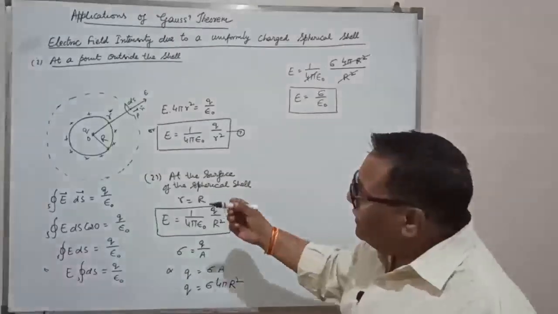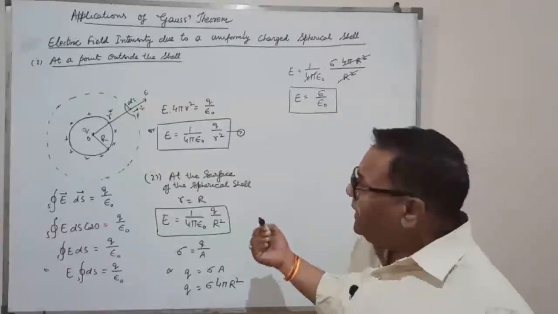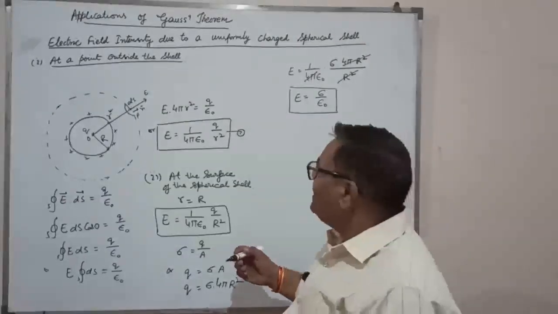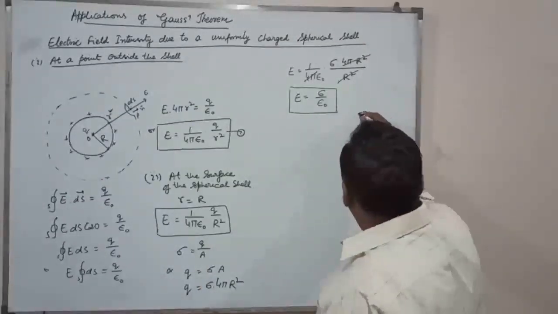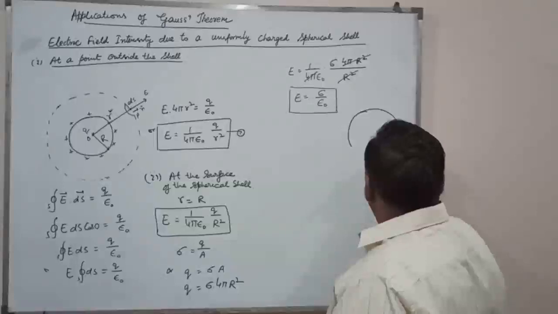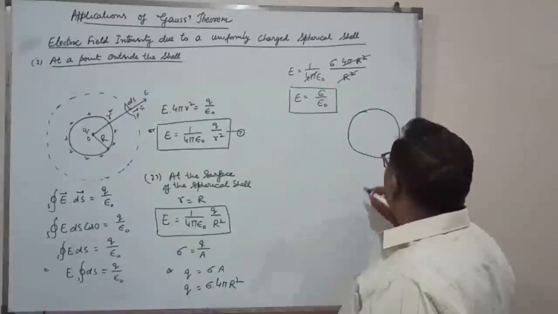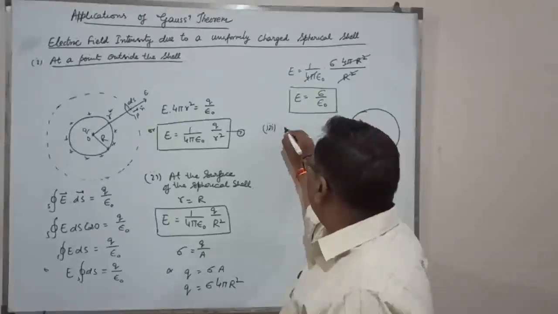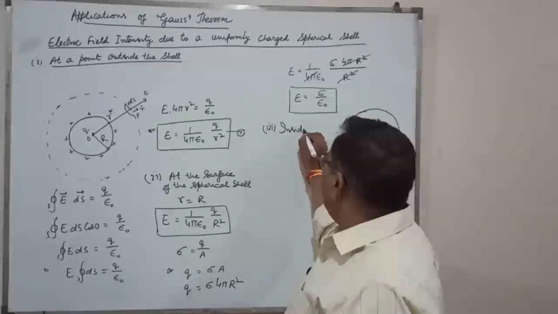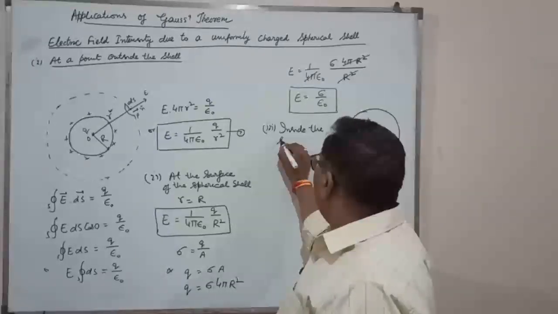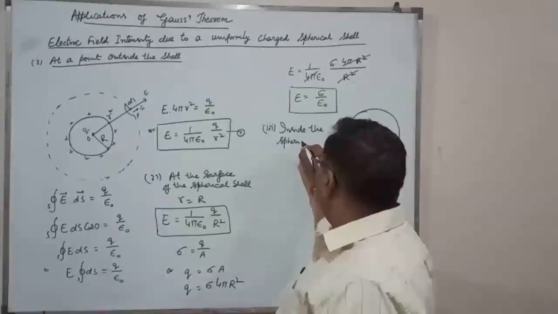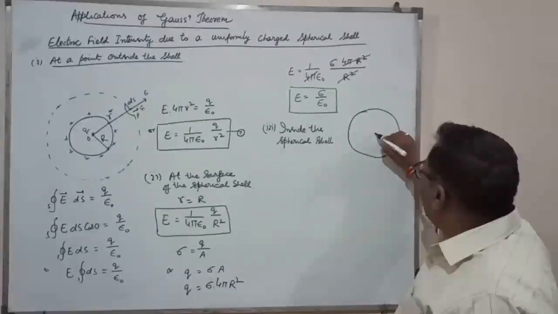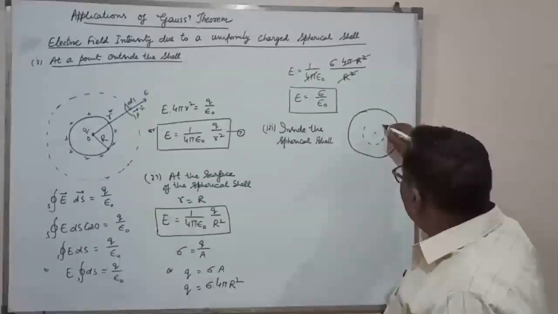And the next case: if the point P lies inside the spherical shell. Inside the spherical shell means this is the spherical shell, and point P lies inside the shell.